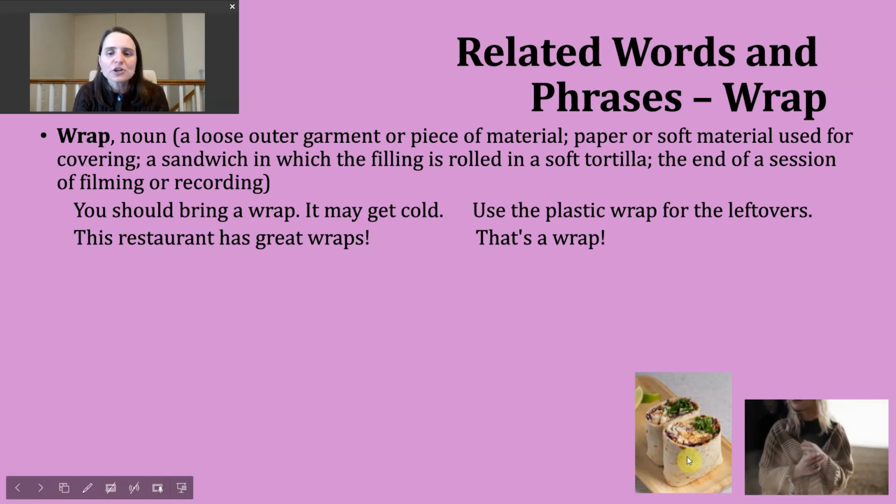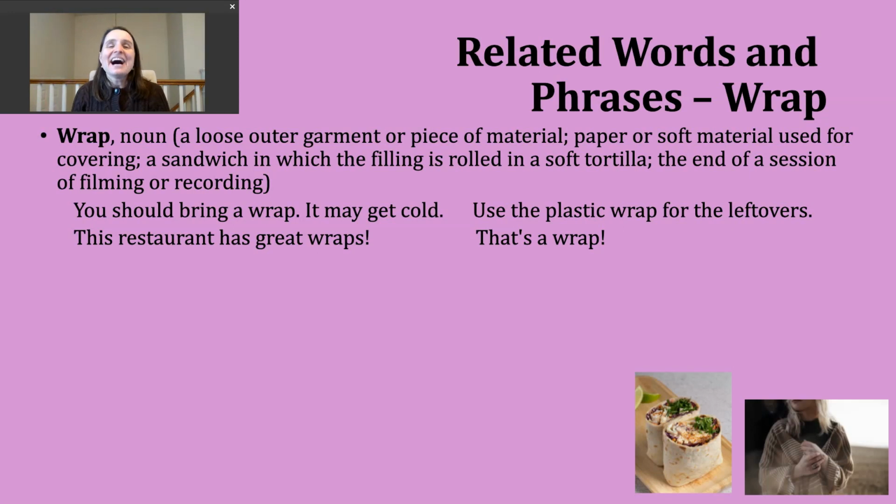So again, I've got a picture here to help us understand what it is I'm describing. And you might hear somebody say something like, this restaurant has great wraps. Right? And so they're specifically talking about a particular type of food. And inside that, goodness, it could be anything: vegetables, meats, cheeses, you name it.